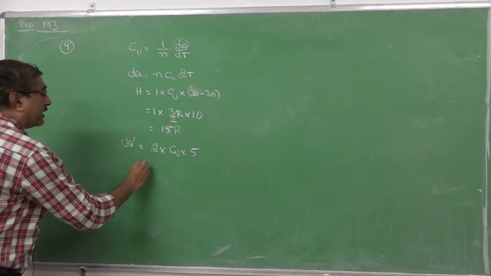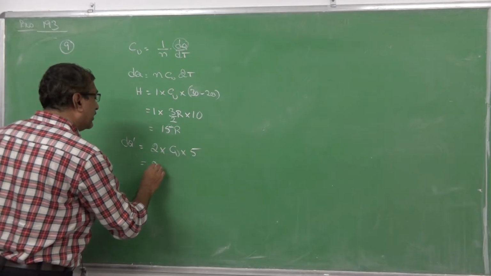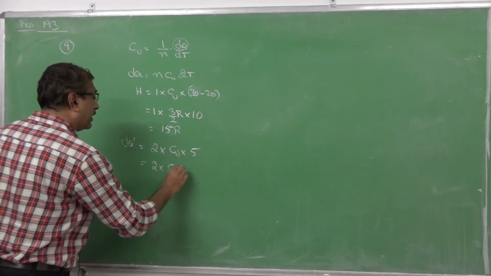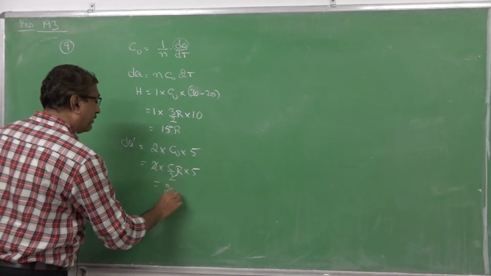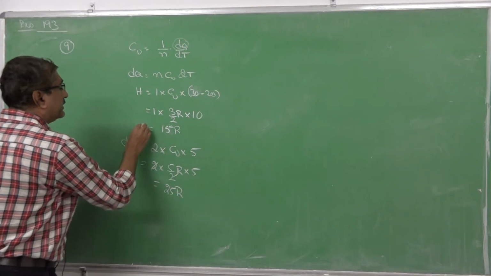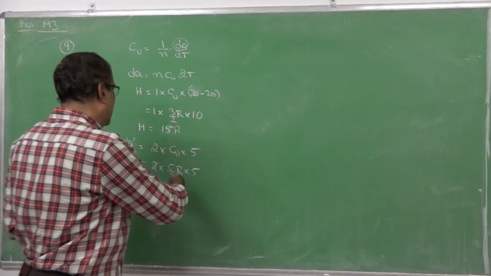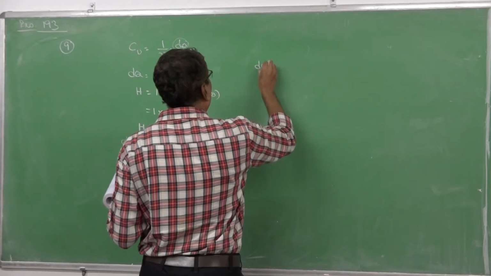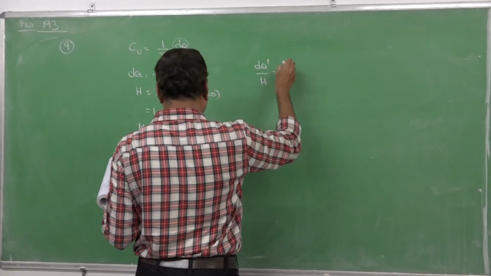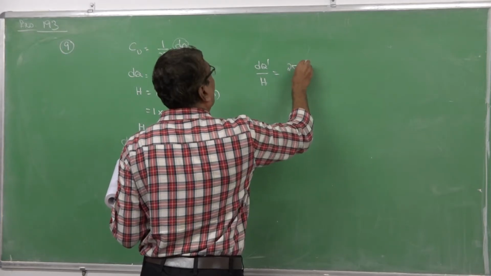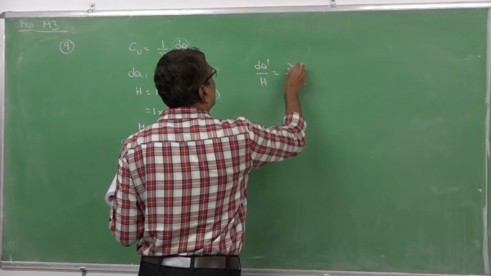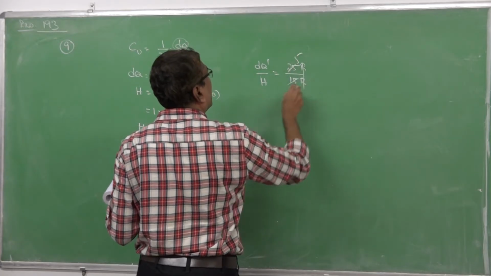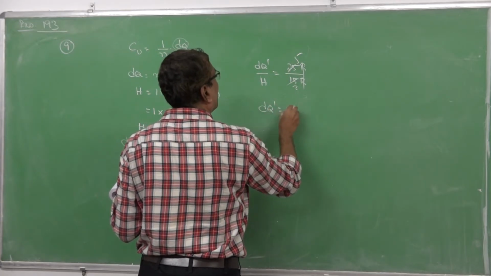For a diatomic gas, Cv is 5 by 2 R. That is 25 R. And this is H. Now dividing these two, dQ dash by H is equal to 25 R by 15 R. That is 5 by 3, R will get cancelled. So dQ dash is equal to 5H by 3.